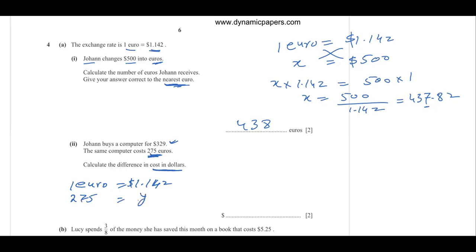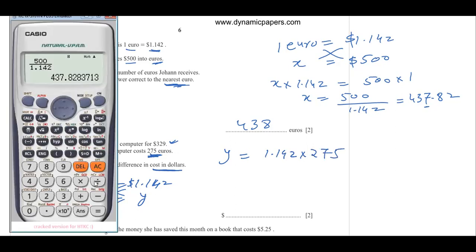Let's say y dollars. So cross multiply. I will have y equals to 1.142 into 275. So we will get 314.05.